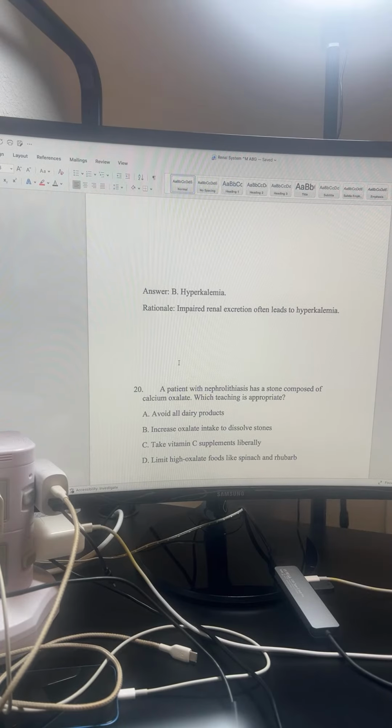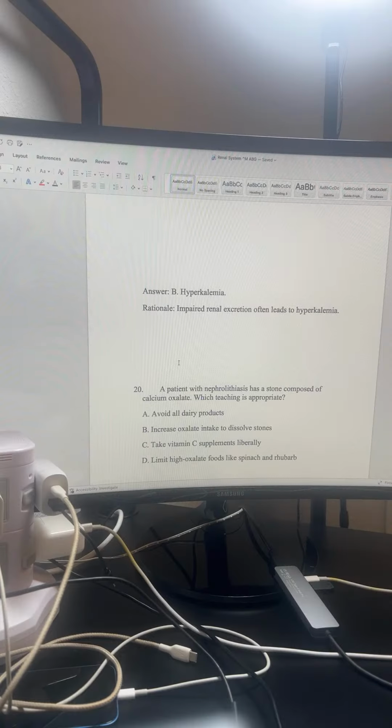A patient with nephrolithiasis has a stone composed of calcium oxalate. Which teaching is appropriate? A, avoid all dairy products. B, increase oxalate intake to dissolve stones. C, take vitamin C supplements liberally.